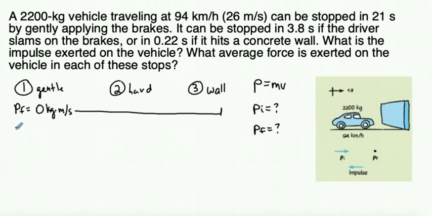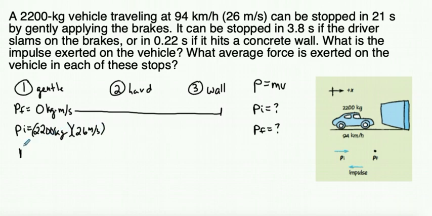And then we have an initial momentum, which is just going to be the mass of the vehicle, which is 2,200 kilograms, times its initial velocity. We're going to use meters per second, because everything needs to be in meters per second, because that's what we use for that label. So we're going to have 26 meters per second.